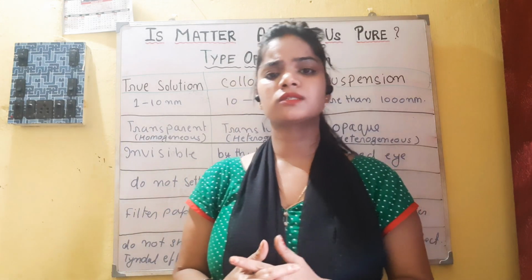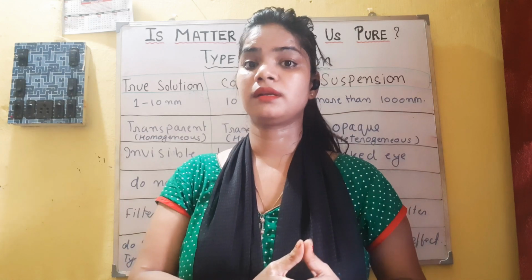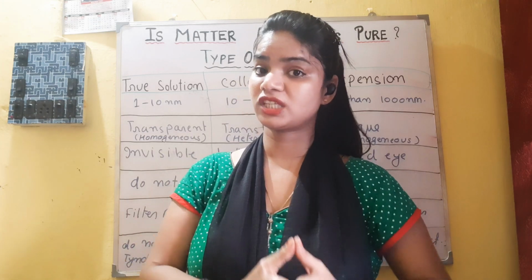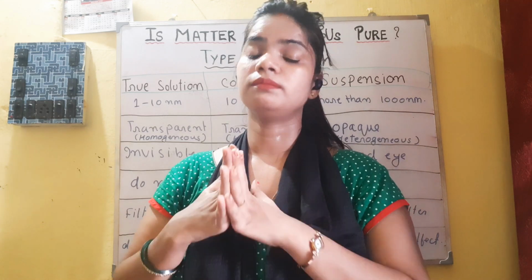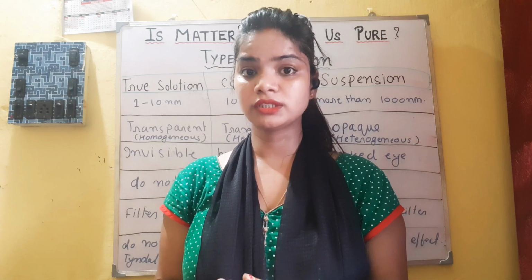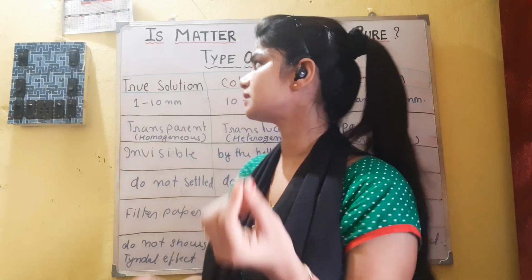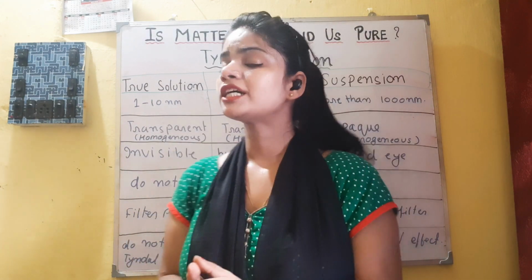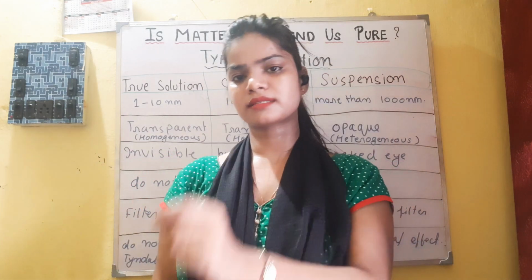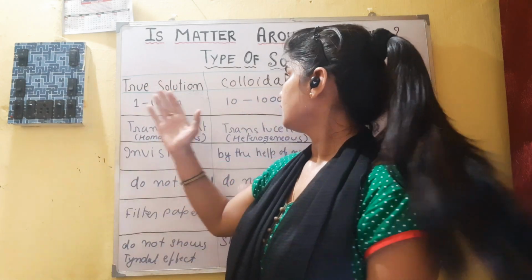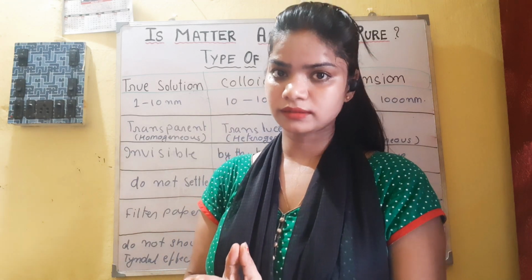And why is it a colloidal solution? Because in milk there are many things present like protein, enzymes, fats, etc. That's why it's a solution, but it's a colloidal solution because its particles are larger than those of a true solution, larger than 10 nanometer. Its particle sizes are between 10 and 1000 nanometer, and it's translucent.